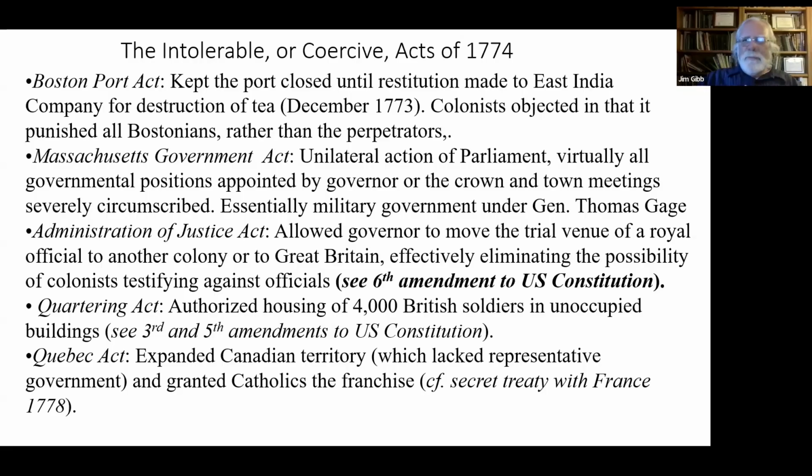The Massachusetts Government Act basically set up General Thomas Gage as the military governor of Massachusetts. So he was appointed by the Crown. Town meetings were severely circumscribed. You weren't supposed to have a town meeting anywhere in Massachusetts without getting approval.